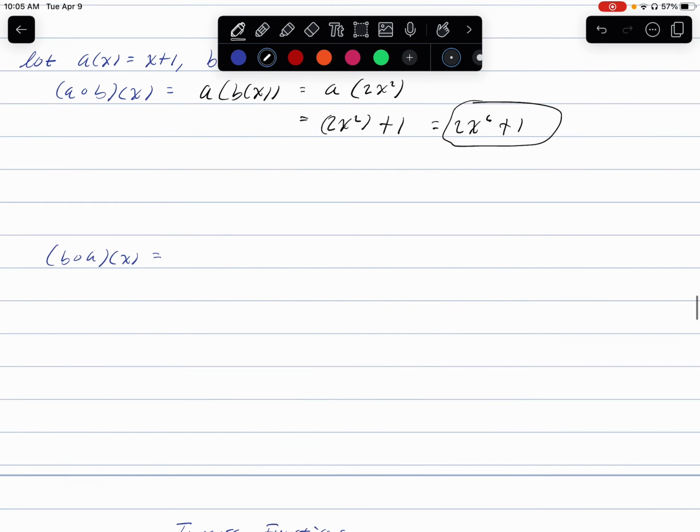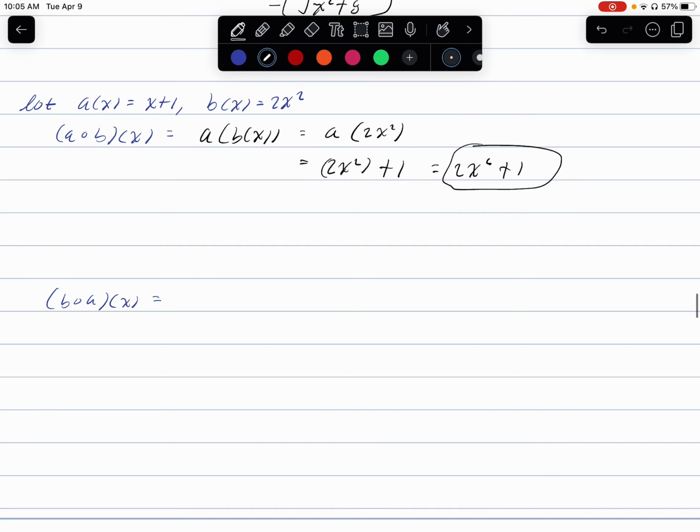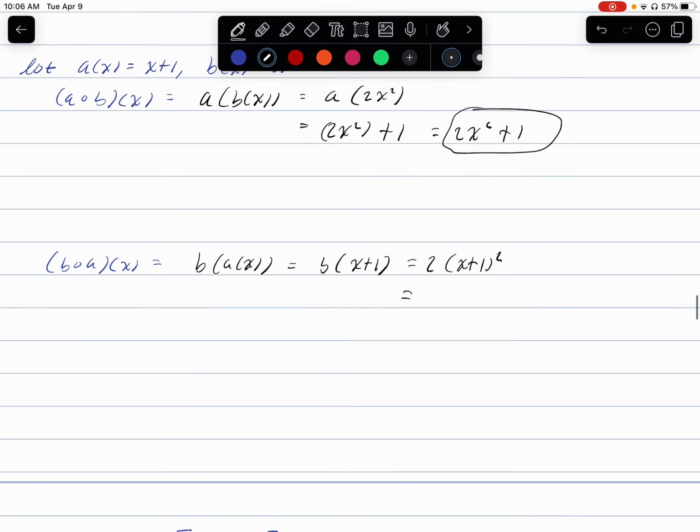Okay, and then b composed with a, that's b of a of x, okay, which gives us 2 times, well, let's write this out a little better, b of x plus 1. So anywhere we see an x in b of x, we're going to plug in x plus 1. So we'll have 2 times x plus 1 squared. Okay, so we can write this out a little more.